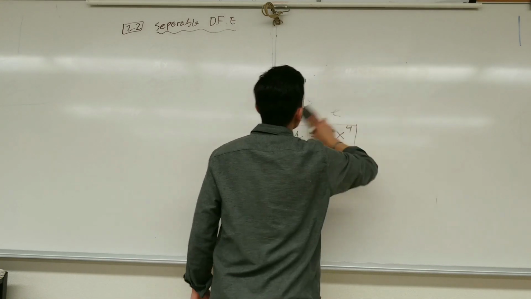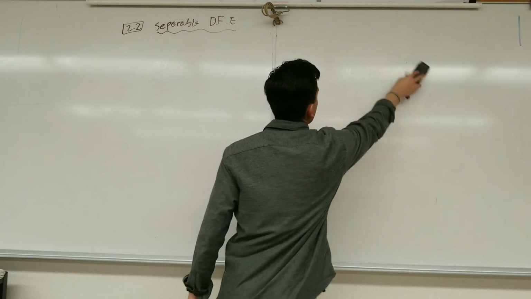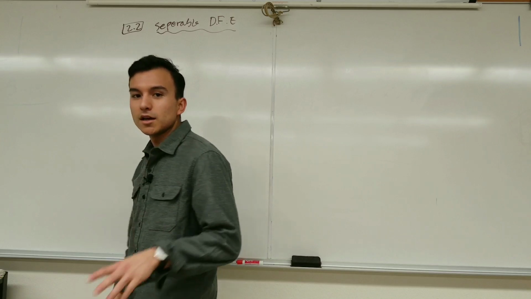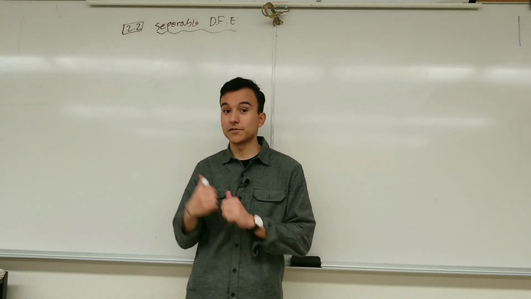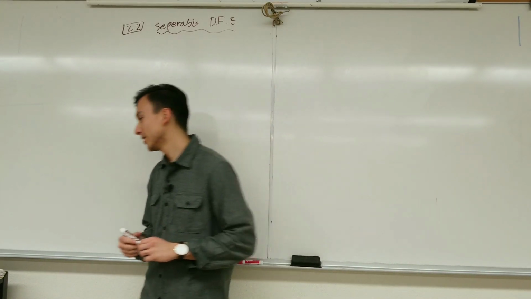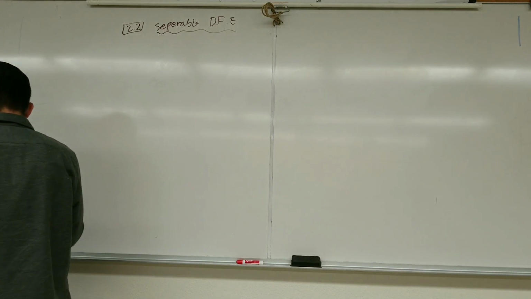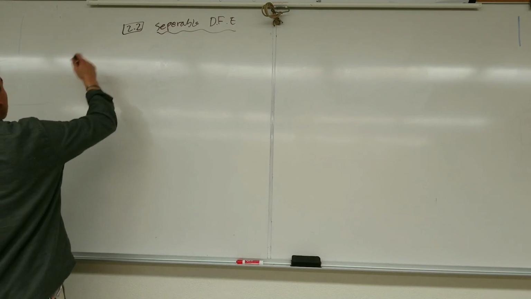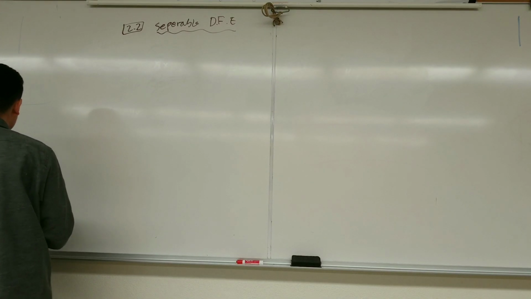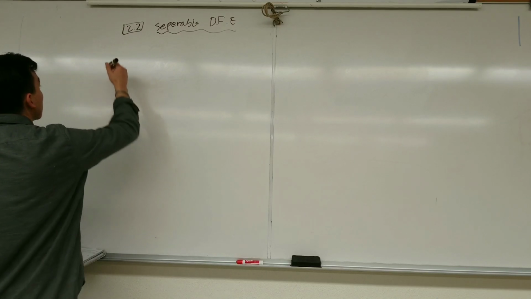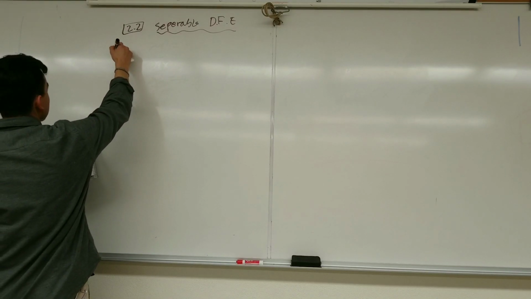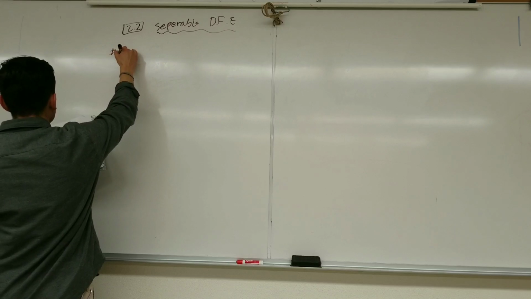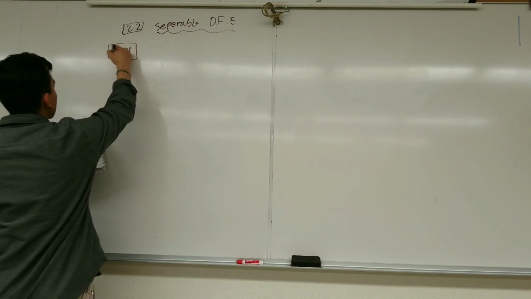If maybe your algebraic skills are not up to par right now, they could be after this problem. You'll see why. And it's good to see this problem because it'll test your algebraic skills. So in the book, it's going to be number 34.